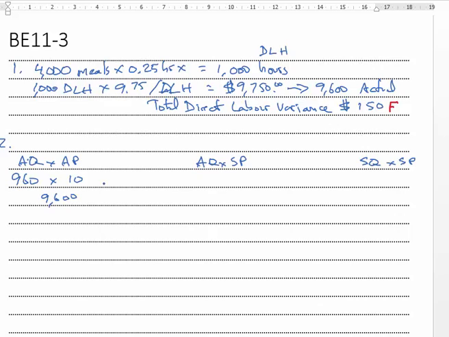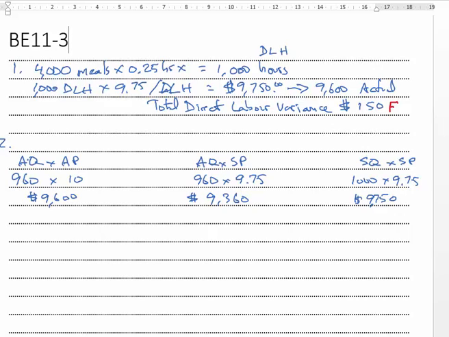Okay. Actual quantity, 960. Standard price, 9.75. Do the math, $9,360. Standard quantity, 1,000. Standard price, 9.75. Oops, 9,750.